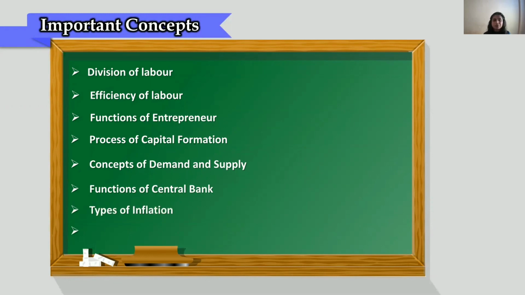Types of inflation, this will probably be asked for 2 marks. Then consumer rights, which is again a very important question and has been very frequently asked in the board examination, not just in ECO but also in CS. So these are a few of the important concepts that I felt must be put out there to make you aware of. I've compiled these few concepts for you all, but please learn other concepts as well.